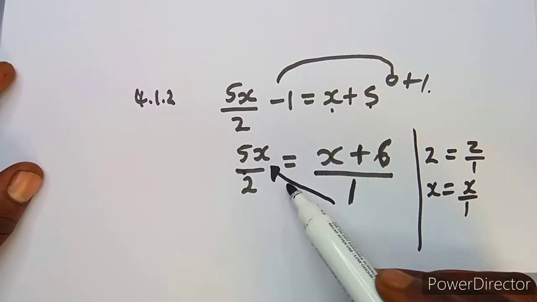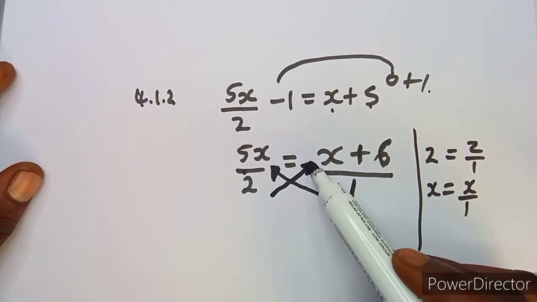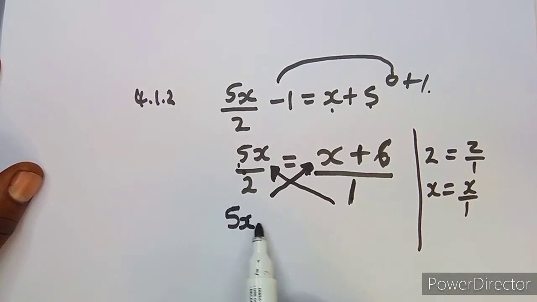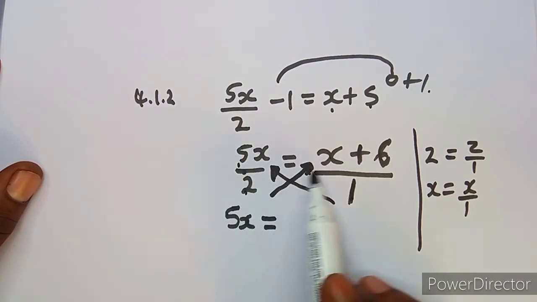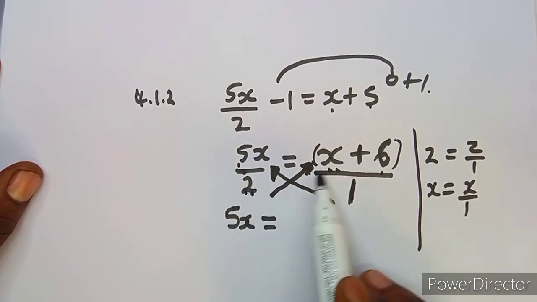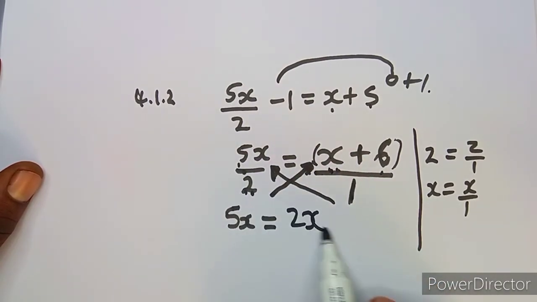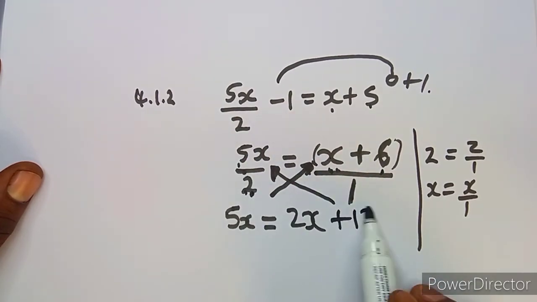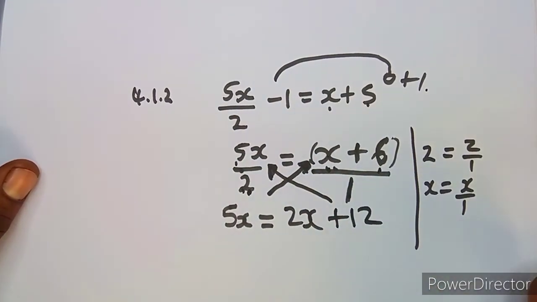But take note, it's 1 times 5x, which is 5x, which is equal to 2 multiplies everything here, x plus 6, so it's 2 times x, that's 2x, and 2 times 6, which is 12.